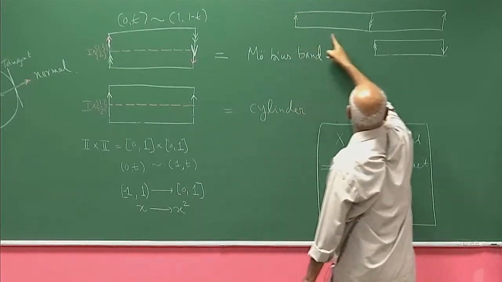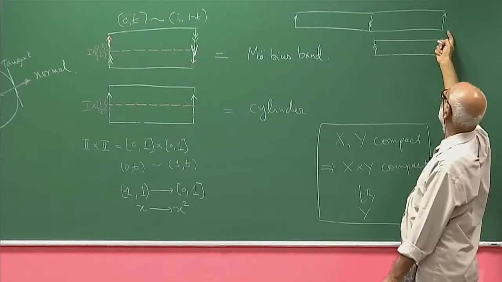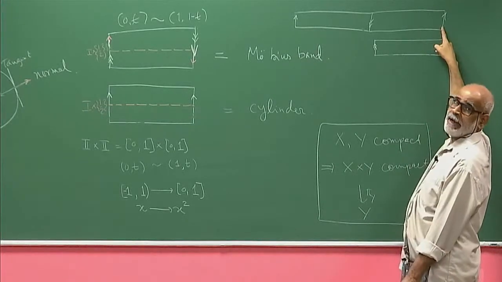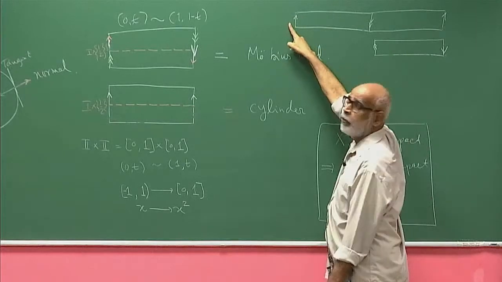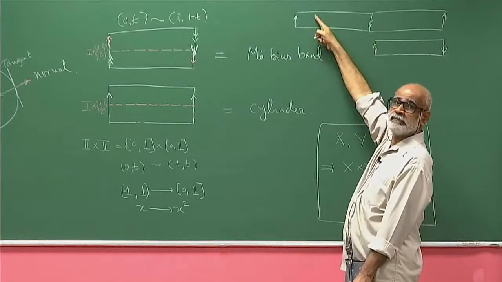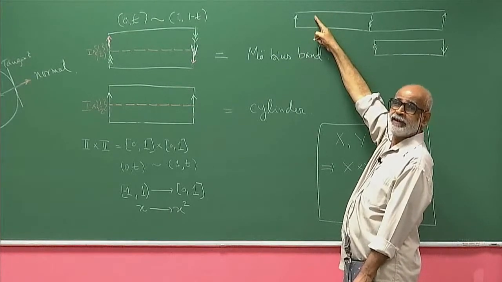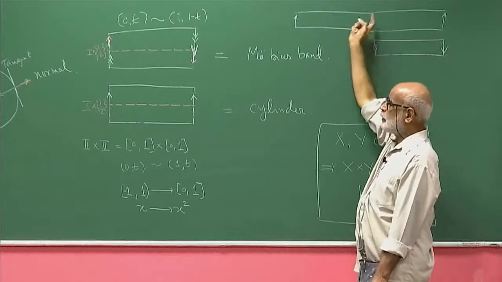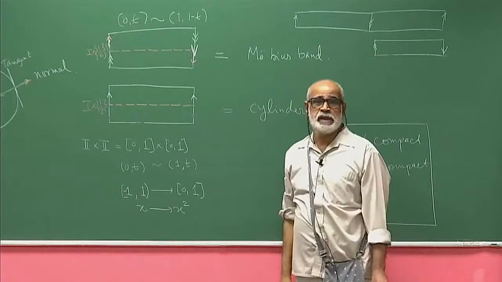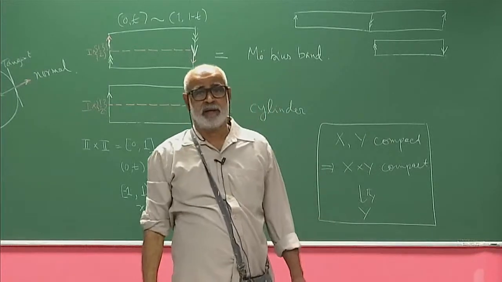So now I have a larger piece of paper. I have yet to identify a part, namely this edge has to be identified that way. How? With the arrows coinciding, in the same direction. So when I do that, what I am doing is this operation, which is an ordinary cylinder, right?